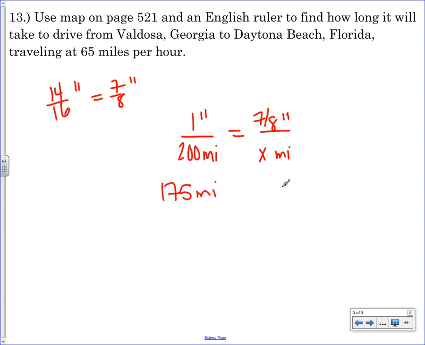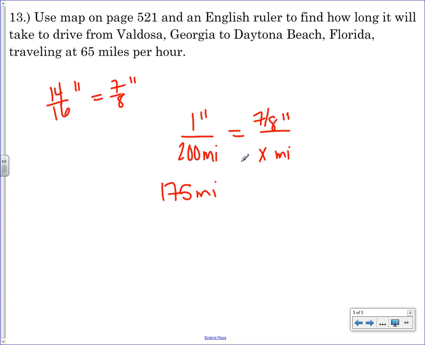So I know it's 175 miles away, and I'm driving at 65 miles per hour. Have any of you had chemistry yet or before or now? Okay. You don't have to, but if you had chemistry and you've done factor label by now, that's kind of what I'm going to do here.